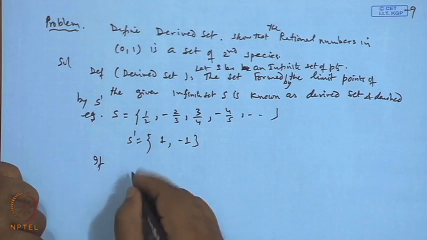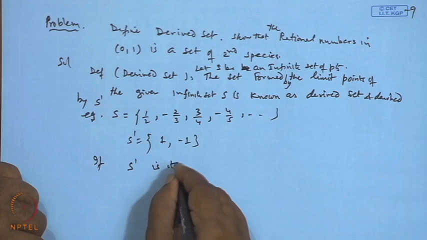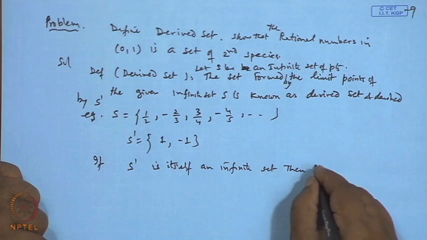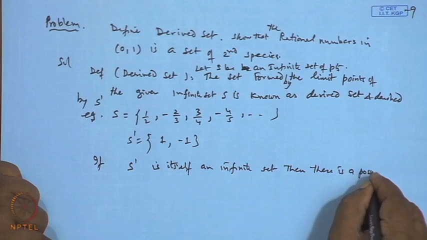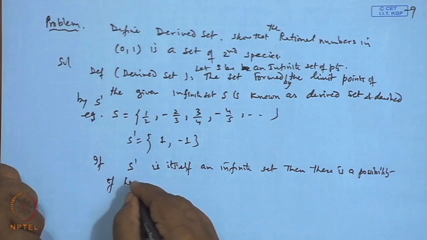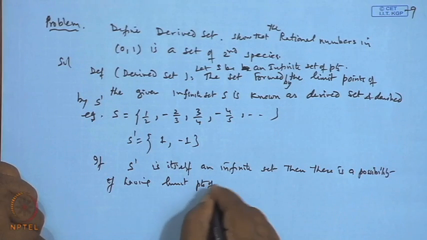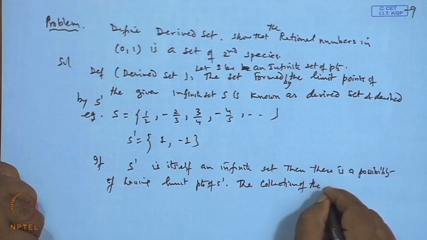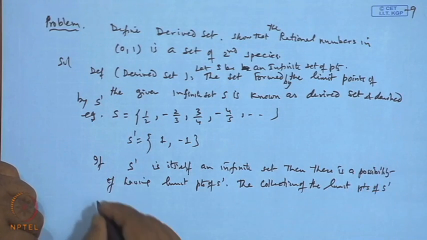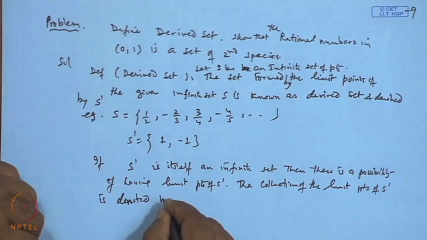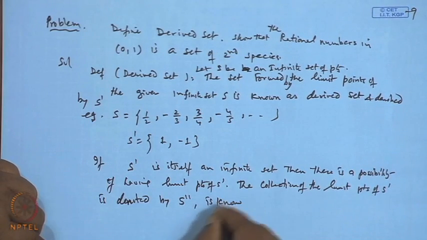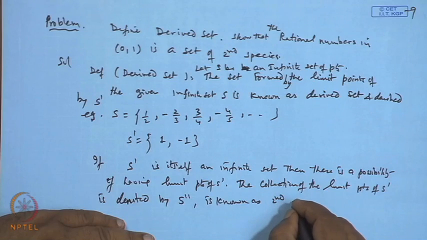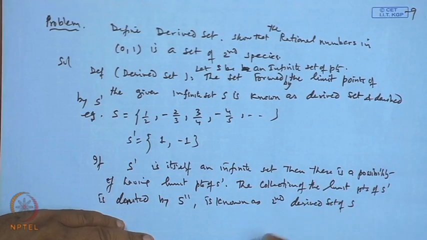Now, in case the derived set S dash is itself an infinite set, then there is a possibility of having limit points of S dash, and the collection of the limit points of S dash is denoted by S double dash and is known as the second derived set of S. Continue like this.